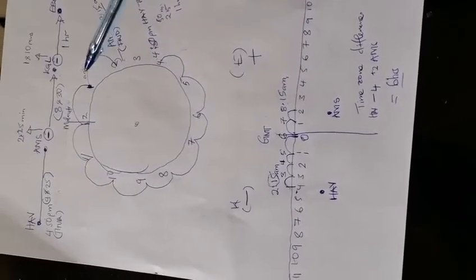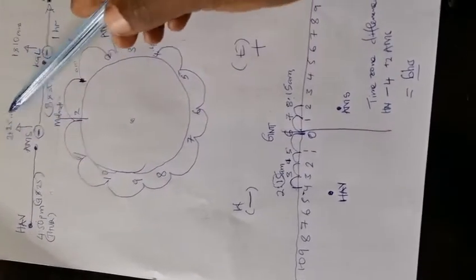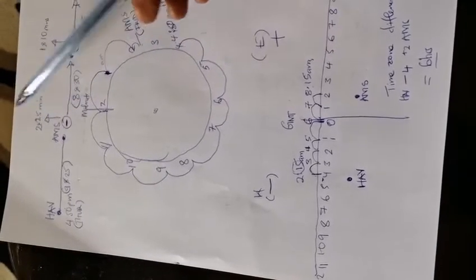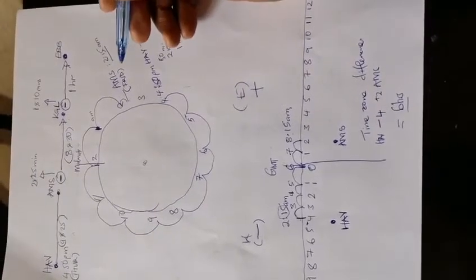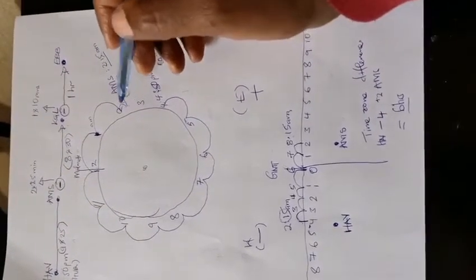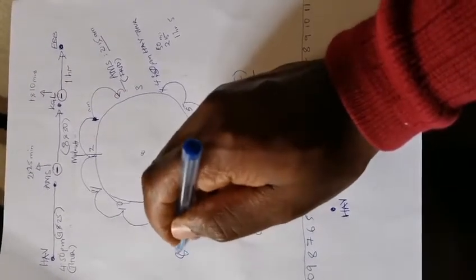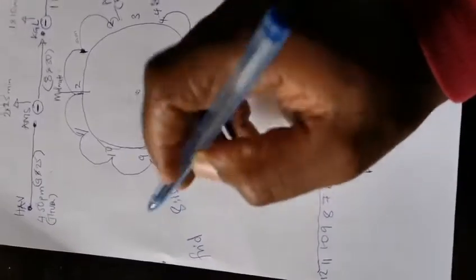But remember, we are going to make a stop at Amsterdam for 2 hours and 25 minutes. So we are going to add this time. We are going to add these hours to the time that we've got. So as we are speaking, we are already at 8:15 a.m. on Friday.